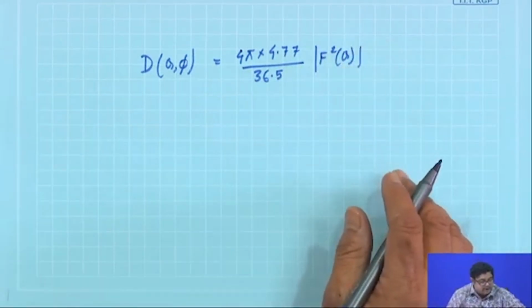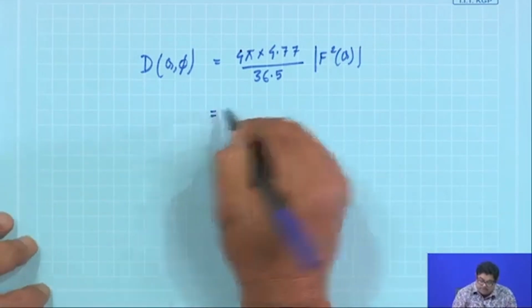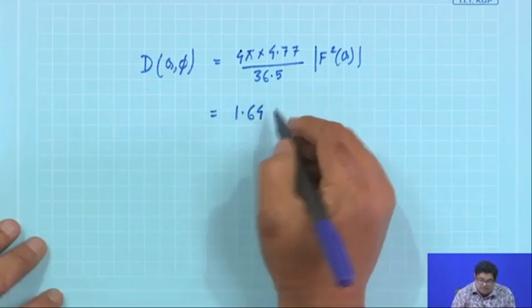Now, this turns out to be 1.6422 times f squared theta.